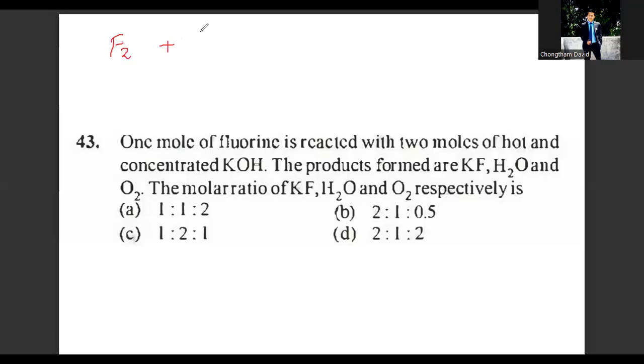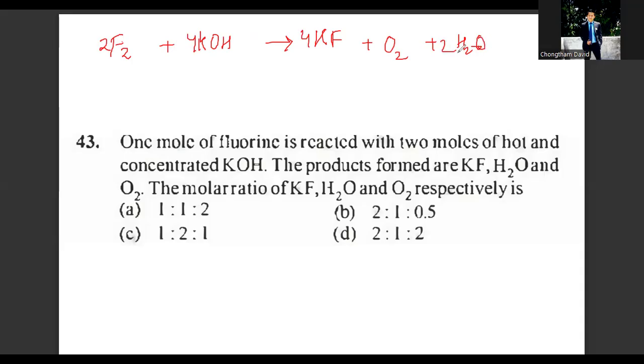Fluorine reacts with potassium hydroxide. You get potassium fluoride, oxygen, water molecule. So balance this equation. Put here 2, 4. Then you have 4 water molecules, 2.